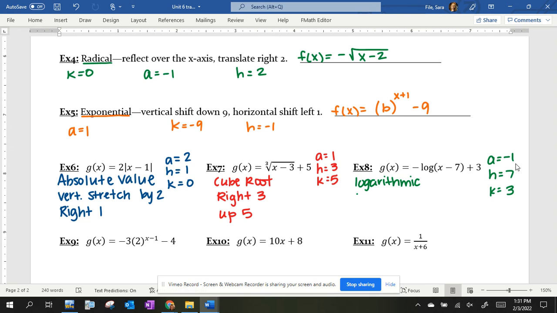It's not going to stretch because multiplying by 1 doesn't change the height, but the negative does the reflection. Good. It's going to reflect over the x-axis. And H is positive, so that's to the right 7 and up 3.